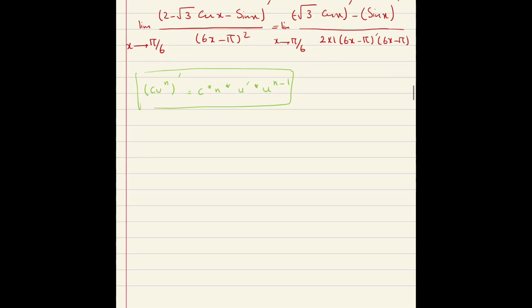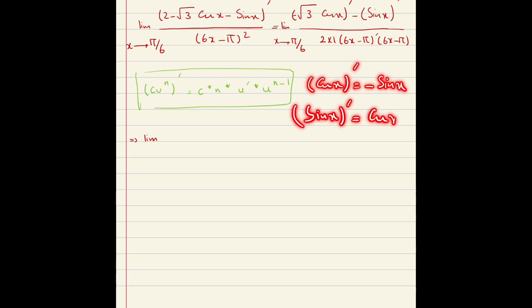We also have two other formulas in the derivatives, for cosine x and sine x. We know that the derivative of cosine x is equal to negative sine x, and the derivative of sine x is equal to positive cosine x. So I'm going to use these two formulas for the numerator.